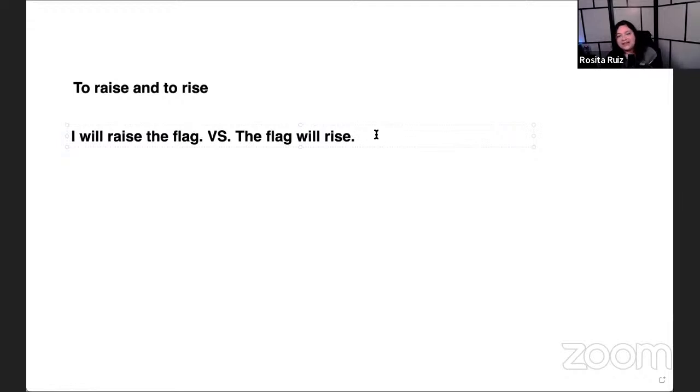Now, the flag in this sentence is the direct object of the verb to raise. But it is the subject of the verb to rise. So in this first sentence, flag is the object, whereas in the second, flag is the subject.